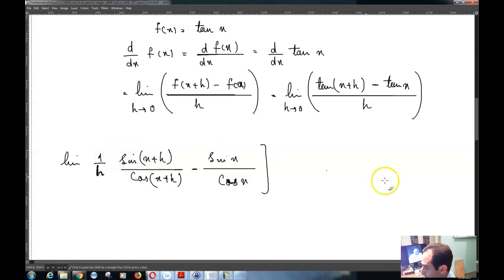And I can write it basically this way, the limit of this whole thing as h tends to 0.